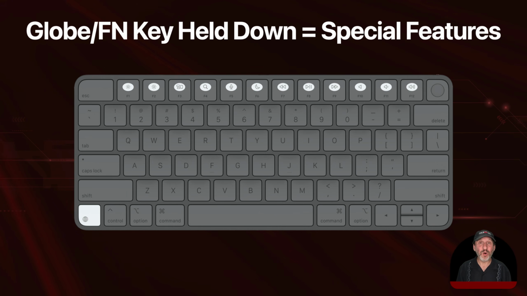However, if you hold down the globe or FN key, much like you would hold down the Shift key on your keyboard to type an uppercase letter, it will then control your Mac in some way, matching the symbols that are at the top of each key.